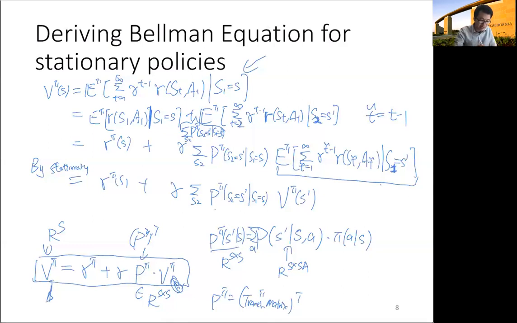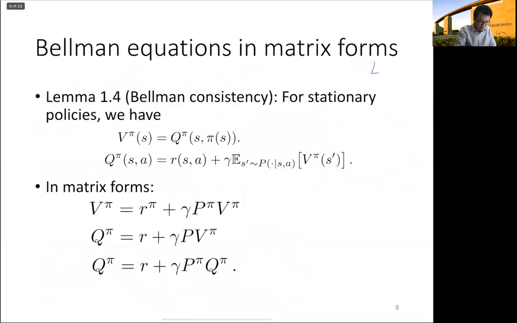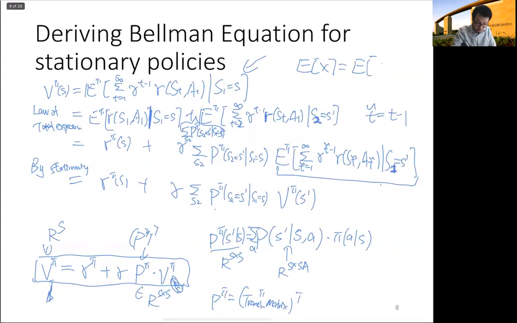So by writing down the second part clearly, I'm using, excellent point, I'm using the law of total expectation, which says that E of X is equal to E of E of X given Y, right? So this is the law of total expectation.